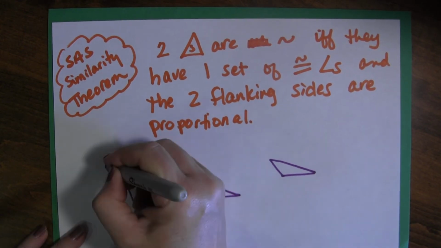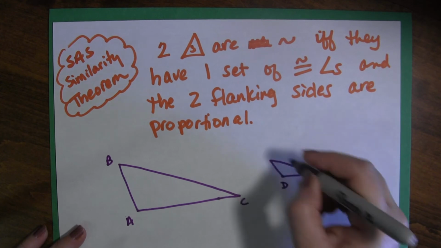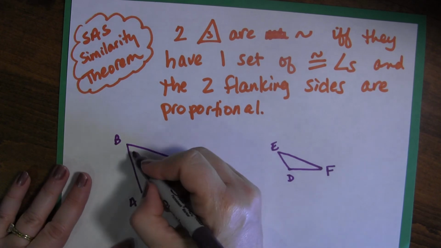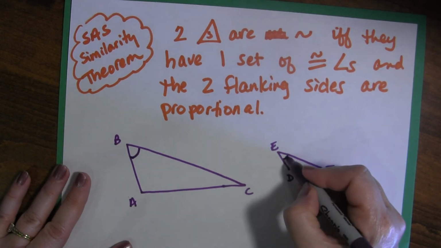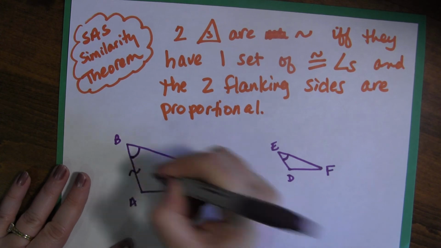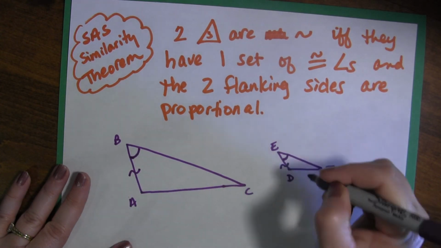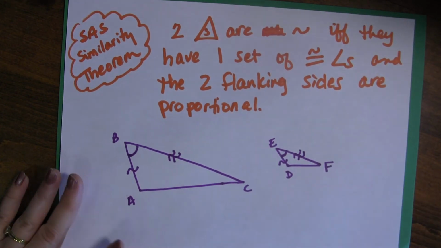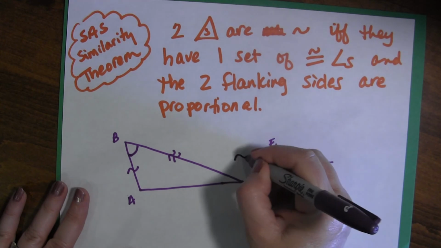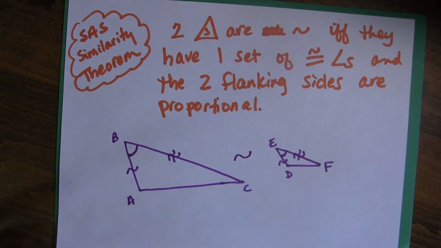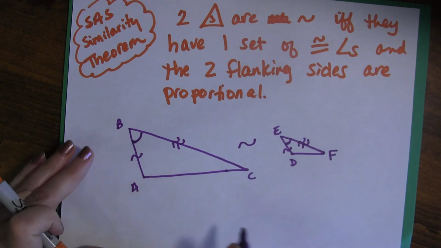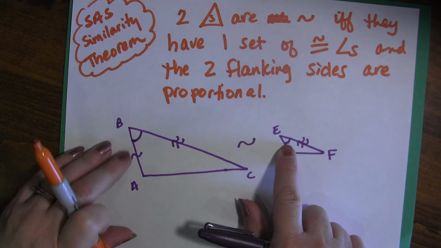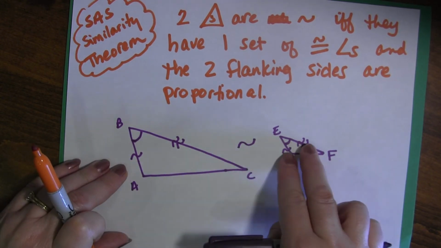And this is A, B, C, and this is D, E, F. So if we prove that B is congruent to E, and we prove that BA is proportional to ED, and BC is proportional to EF, then we know for sure that these two triangles are similar. So we would have to have one set of angles that are congruent, and then two sets of proportional sides.